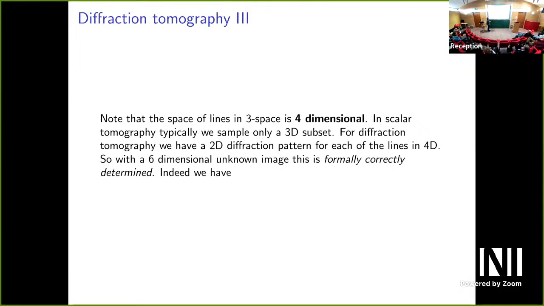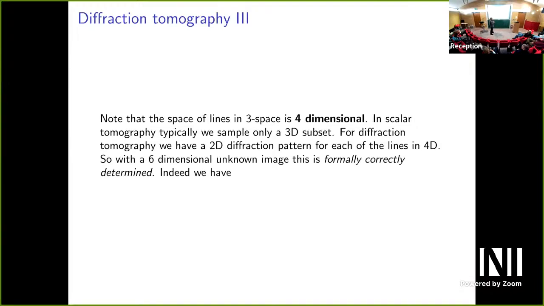So say we have a six-dimensional unknown image. For each ray, that's 4 dimensions, and we've got a screen, that's 2. So we're measuring a function of 6 variables. Okay? The parameterization of the line and the parameterization of the screen, 6.